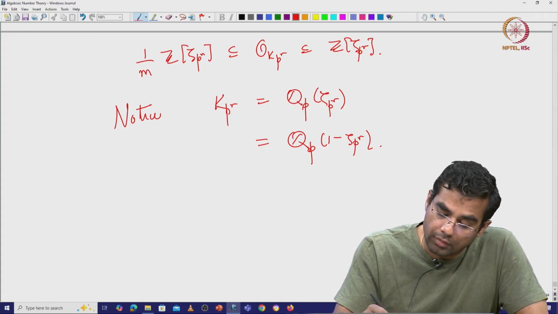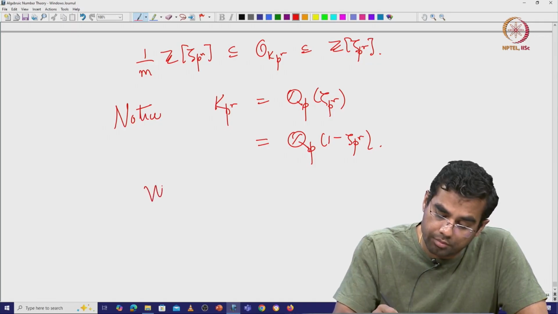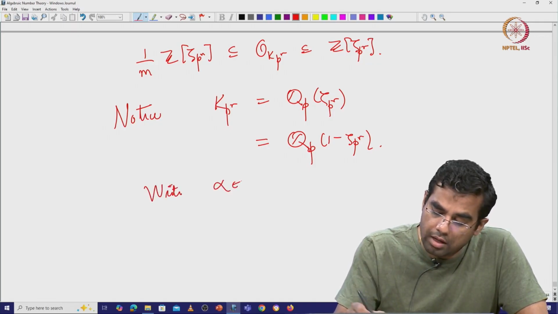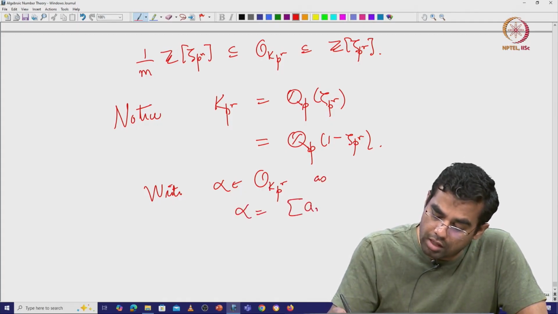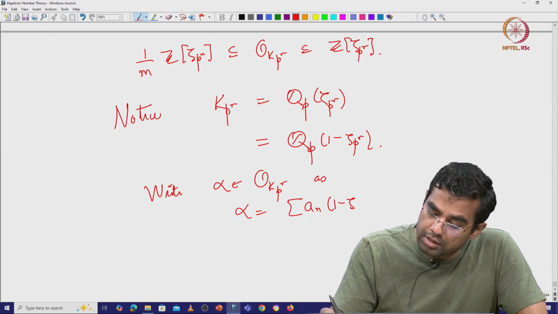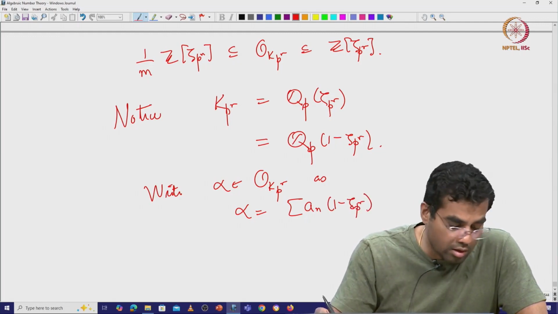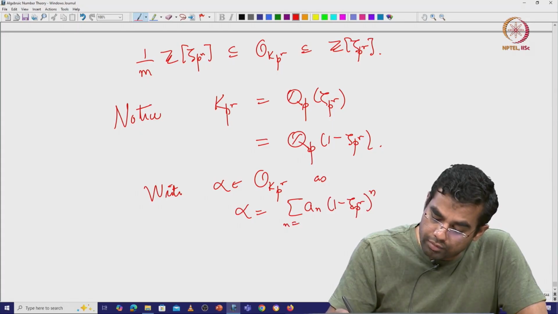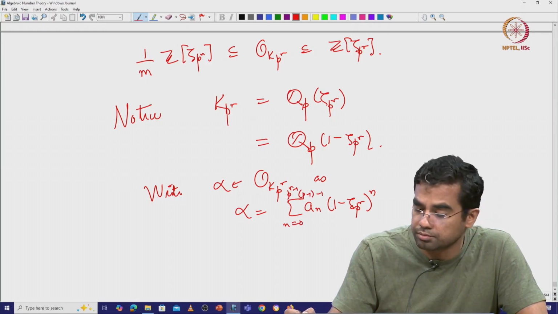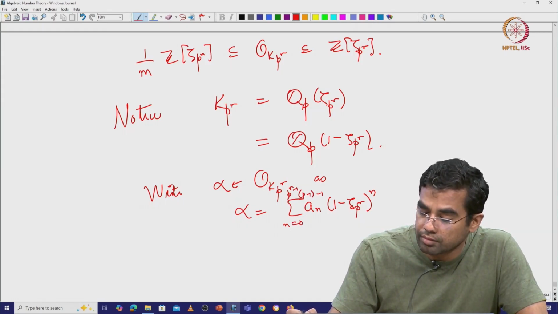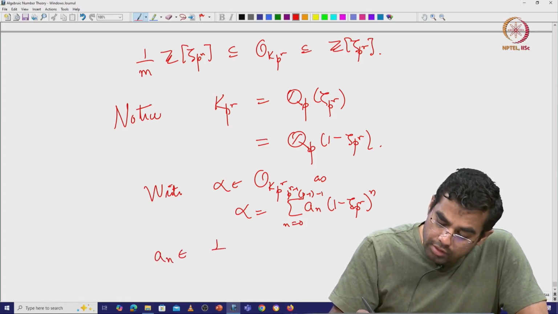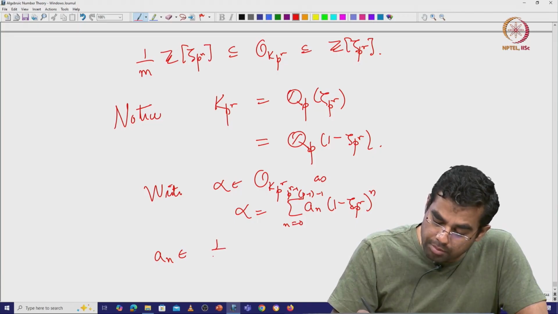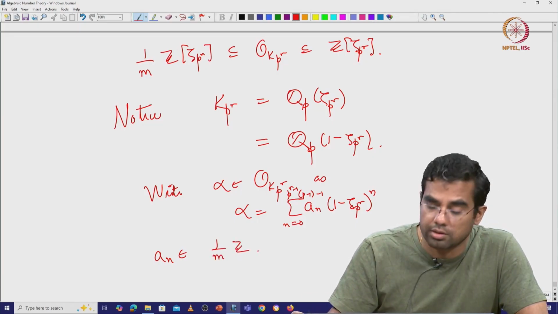And so you write α in O_{K_{p^r}} as α equals the summation of a_n (1 minus ζ_{p^r})^n, n going from 0 to p^{r-1}(p-1) minus 1. Okay. And where do these a_n's live? They live in 1 over some power of p times Z, possibly.